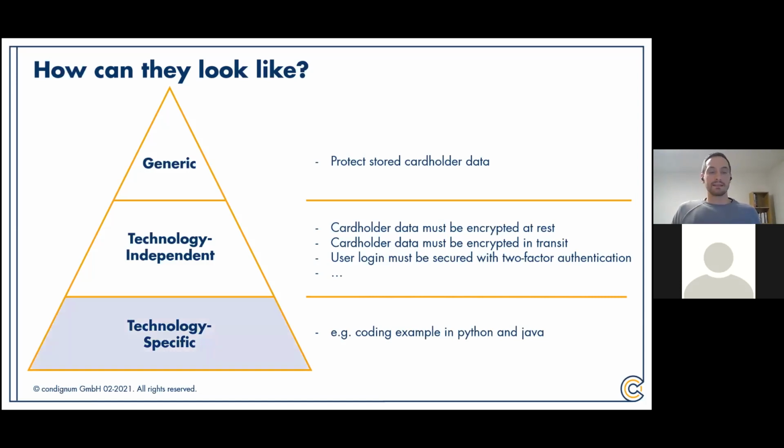Of course, this is not really a requirement anymore, because, as we said in the beginning, a requirement defines what to do and not how to do it. But I think it's still a pretty good idea to do that, because you can guide the developers in a more specific way, so they get a better idea how they can possibly ensure those requirements.